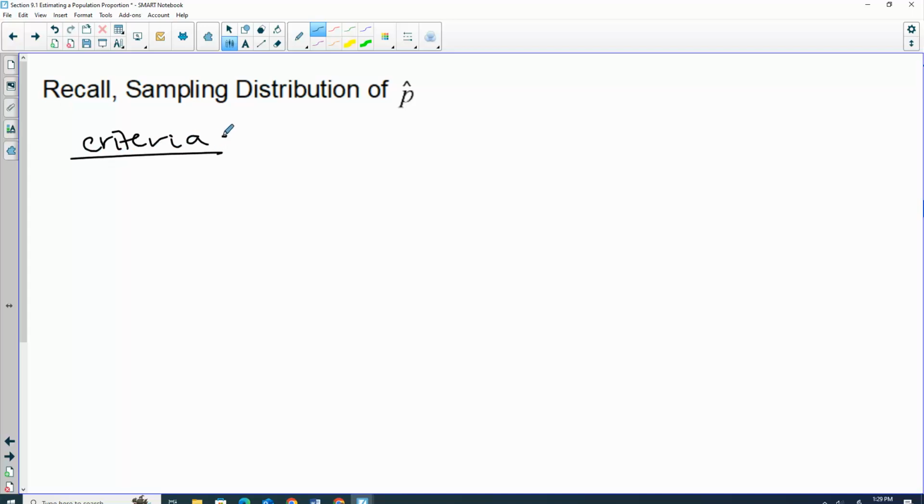So if I'm talking about p-hat, what is our criteria? n times p times 1 minus p is greater than... And the second one? The sample is less than 5% of the population.